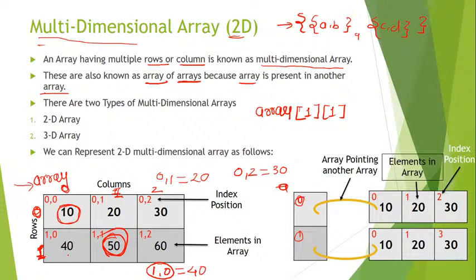But inside this 0 we have another array, that is 10, 20 and 30. And inside this 1 we have another array, that is also 10, 20 and 30. So this is called an array of arrays. Inside your array, we may have another array.